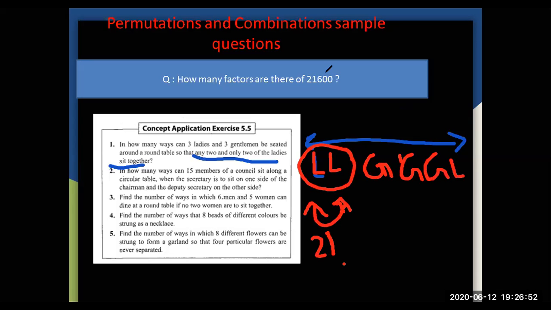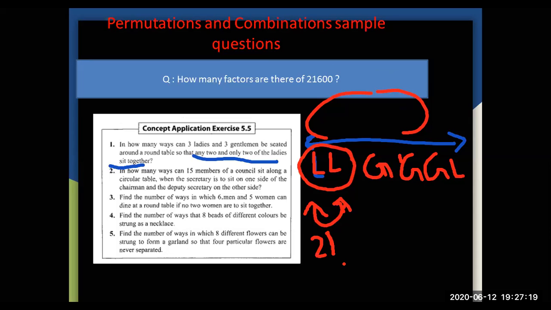And notice this arrangement won't work, because when we make a circle out of this, the 3 could just come together. So we are going to end up with a lot of such cases.